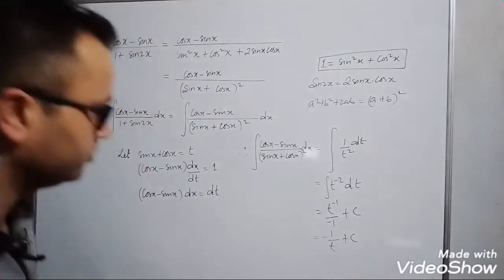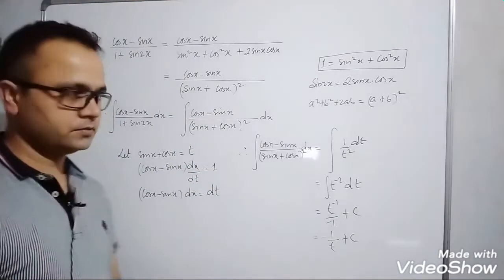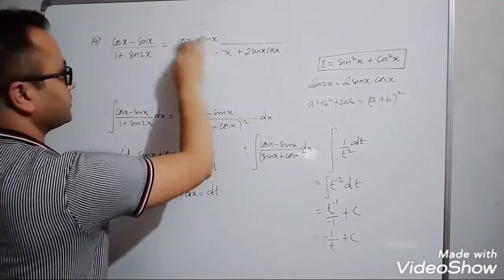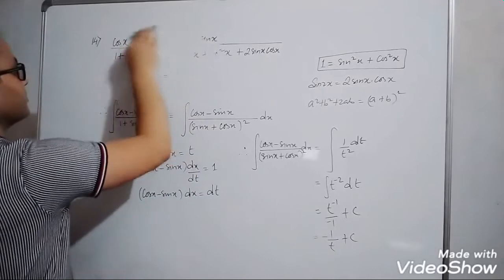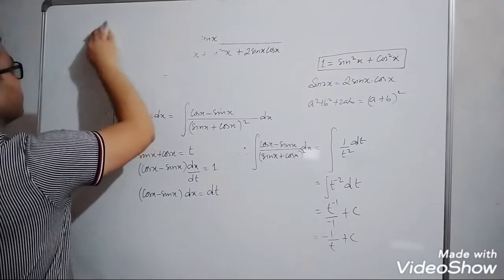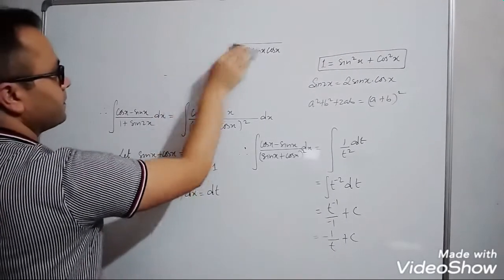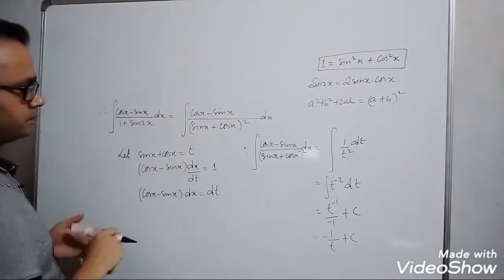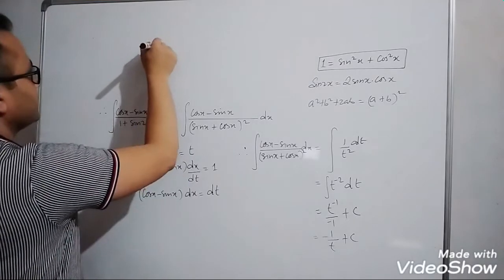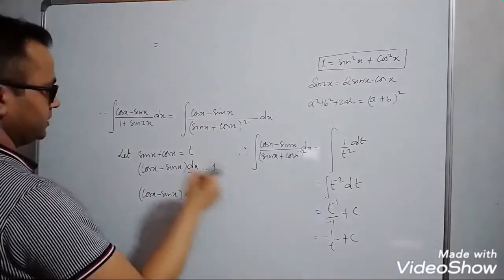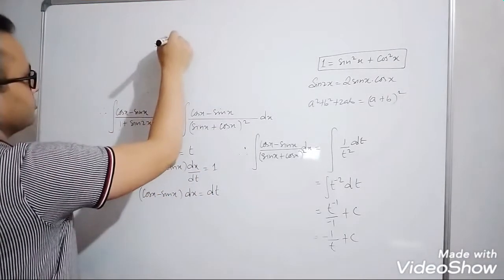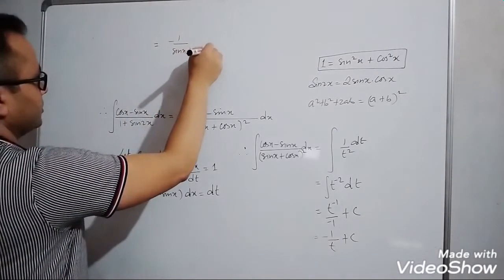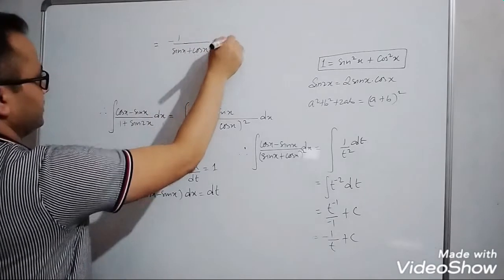What is t? Sin x plus cos x. So minus 1 by sin x plus cos x plus c.